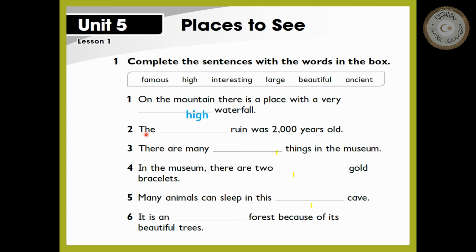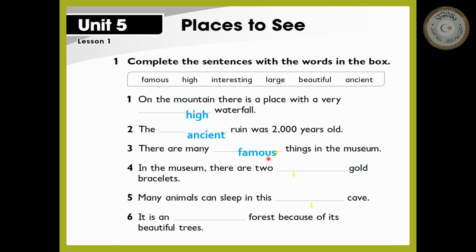What about number 2? The ruin. Was 2,000 years old. So it's very, very old. What are we going to write here? Ancient. Excellent. The ancient ruin. There are many things in the museum. Famous.